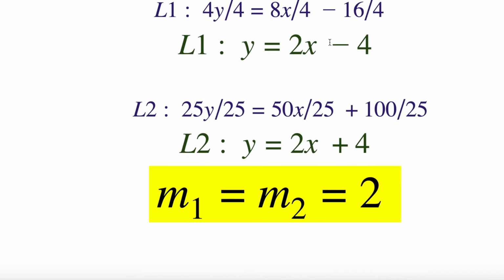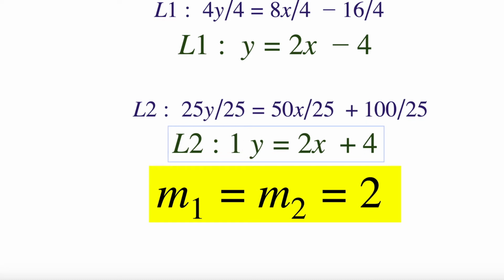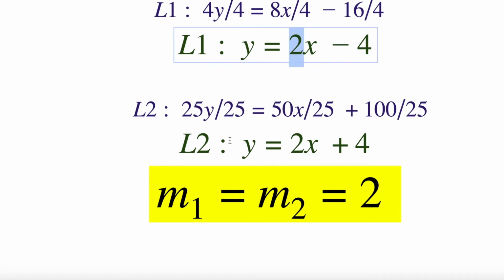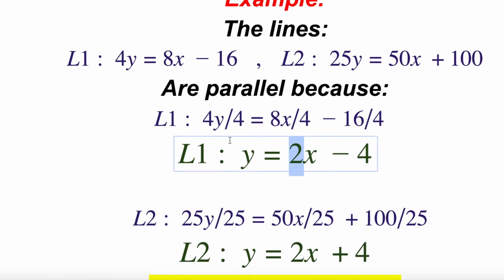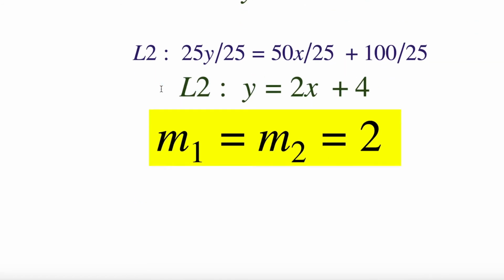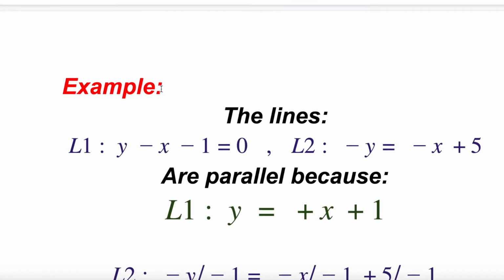So 25y divided by 25 is 1y. I shouldn't write 1. Then 50x divided by 25 is 2x, and 100 divided by 25 is 4. So the second slope is 2 and the first slope is 2. That means the lines are parallel, because the slopes are equal.